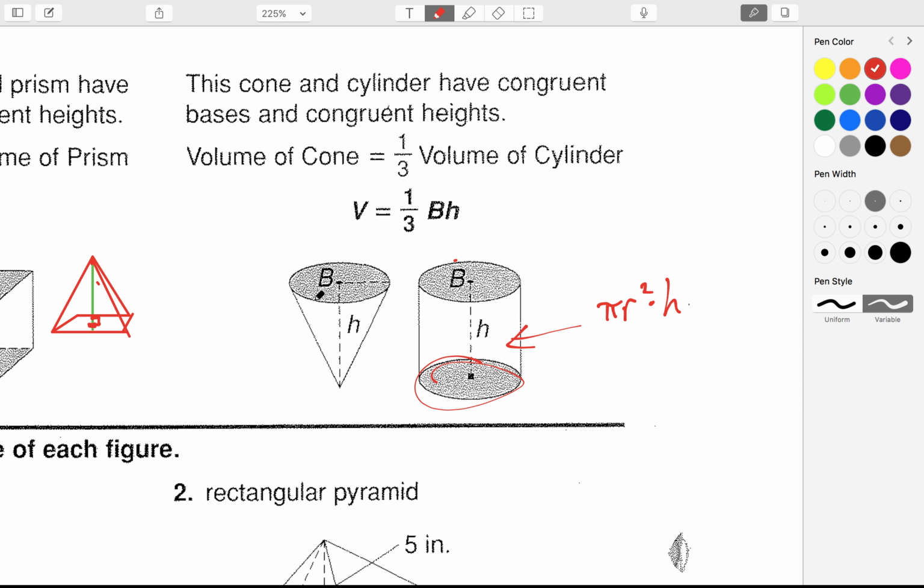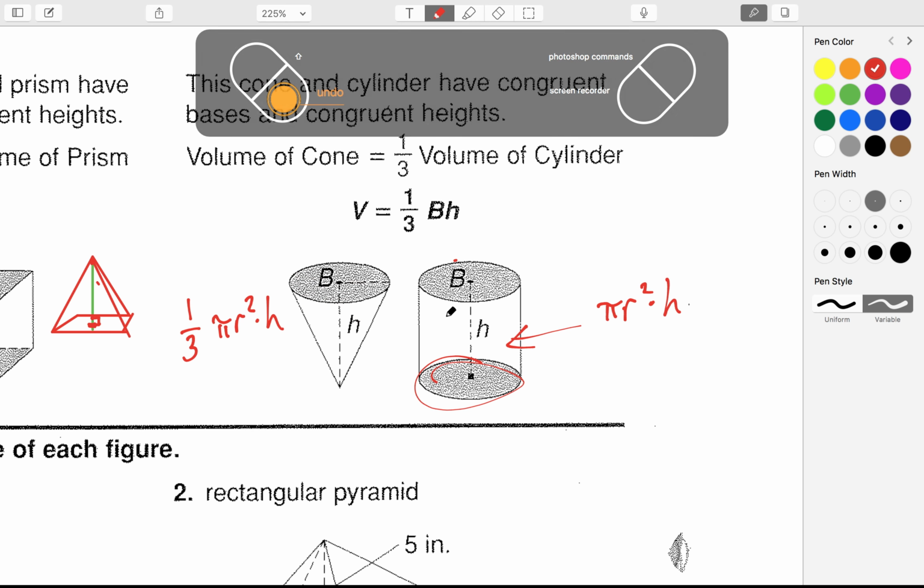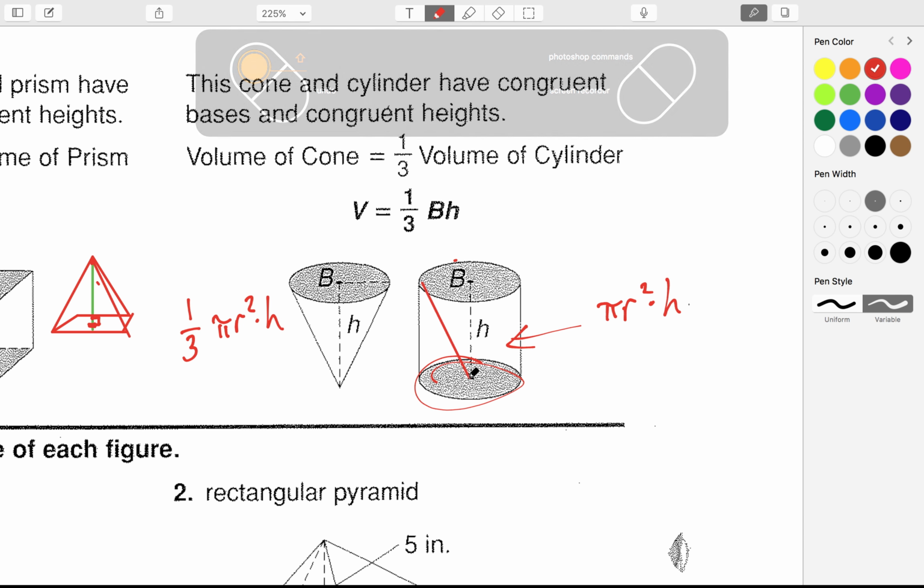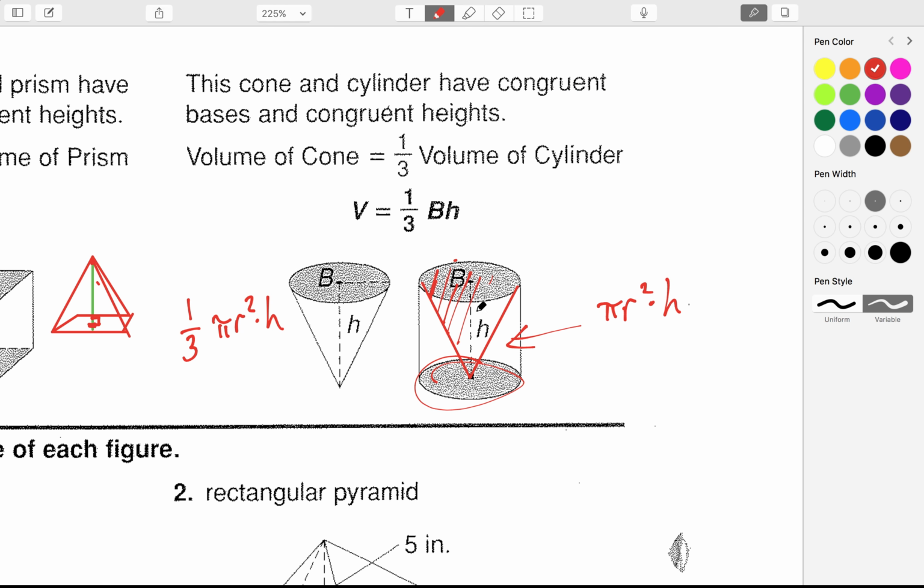Now over here, the difference is you're actually doing pi r squared times your height, and then multiplying by a third, because if you connect the lines here, it will only take a third of the volume.